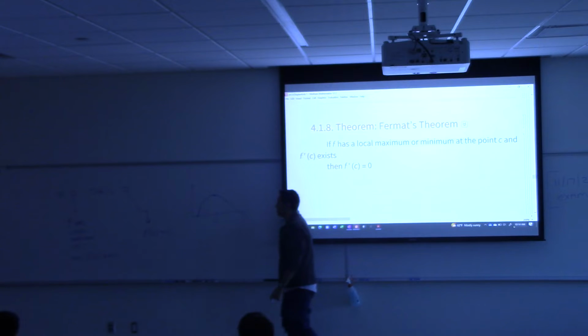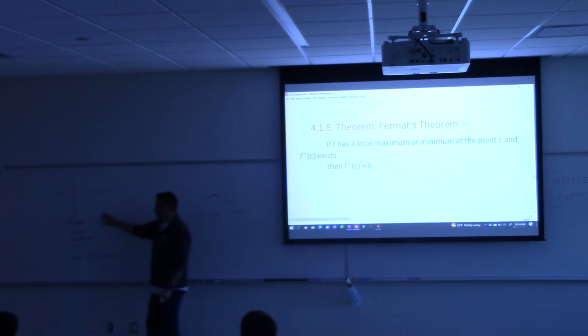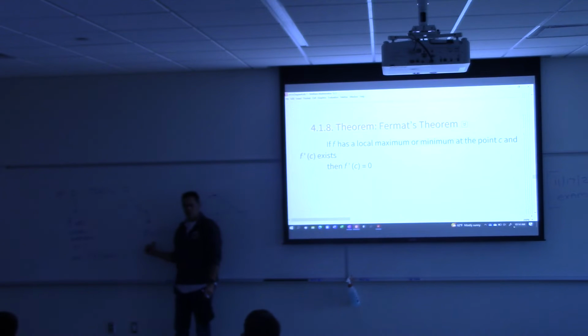Do you all agree that at c I have a local maximum? Yes. Do you all agree that the derivative exists there? So I don't have a jump, I don't have a vertical tangent, I don't have a cusp or a corner, right? Correct. So are these conditions satisfied? Yes. Is that true also? The derivative there is 0, right?